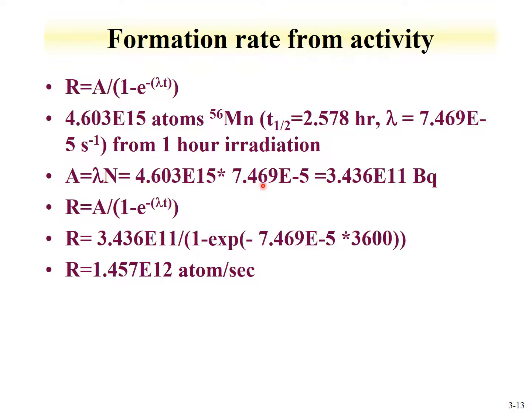We plug in our lambda. This is our activity. We take that activity divided by the saturation factor, and we get 1.45 times 10 to the 12th atoms per second, which was equal to the rate of formation in the simplified equation.